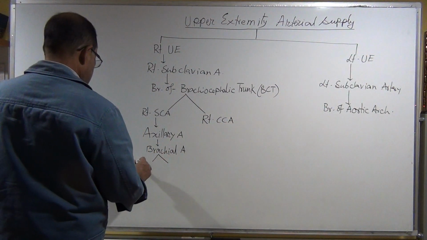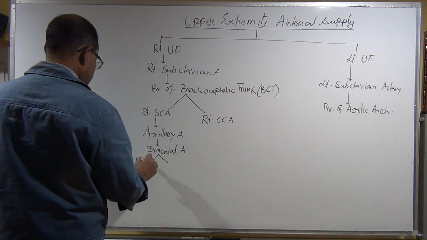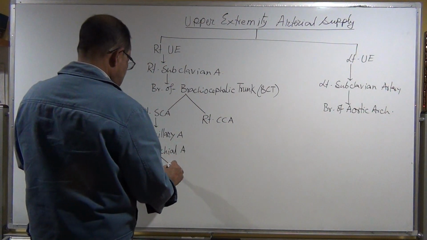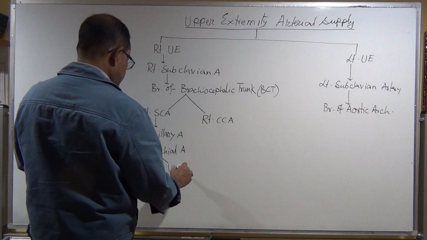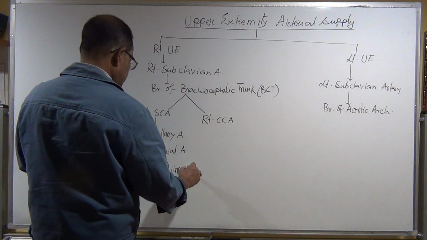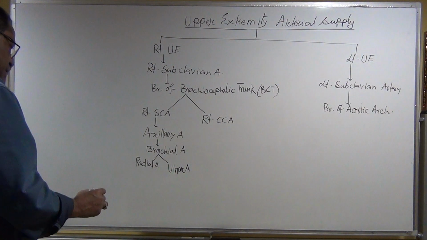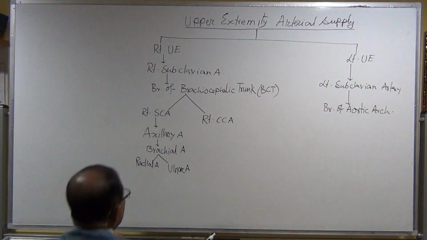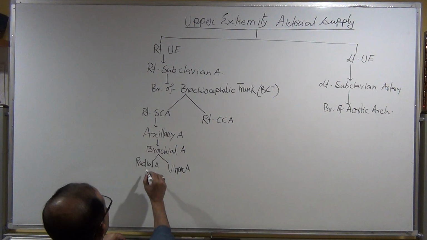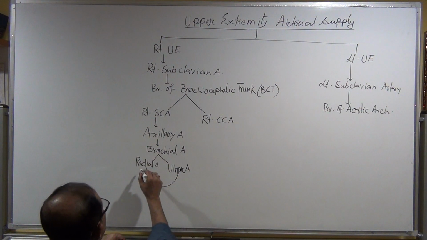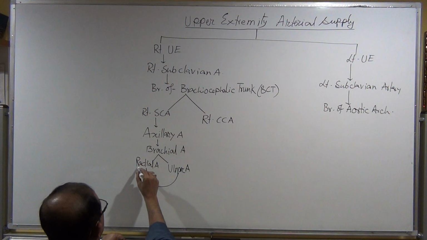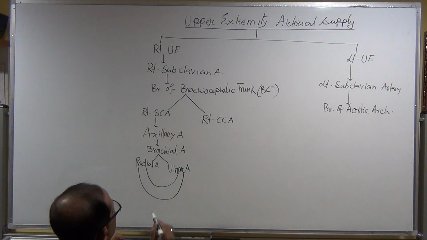One is the radial artery, another is the ulnar artery. The radial and ulnar arteries together form two palmar arches.